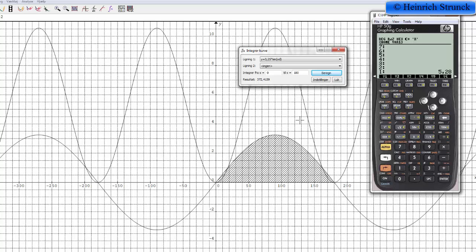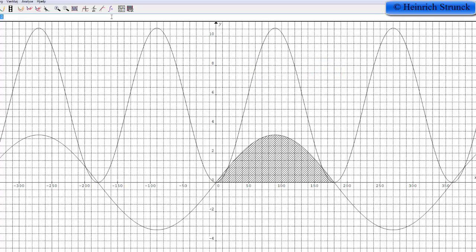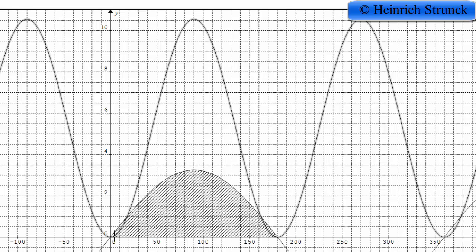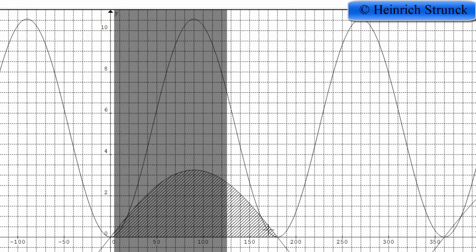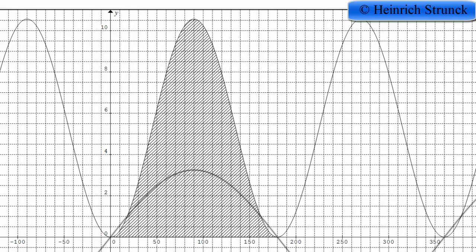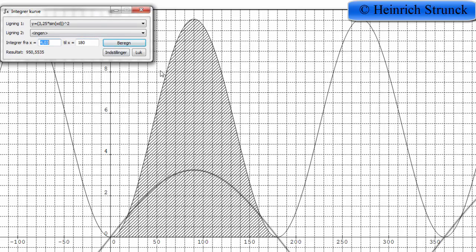We can try to calculate it by using Graphmatica. So again, we try to calculate the area for the other curve, again from 0 to 180 degrees.